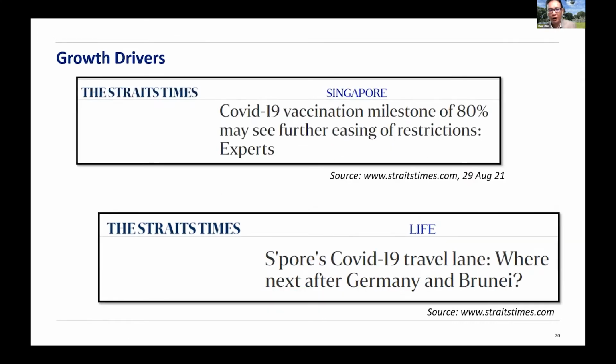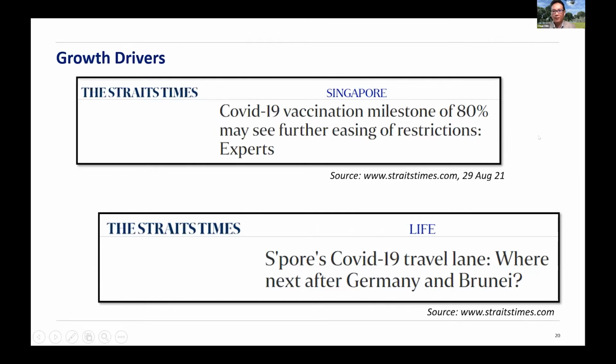Okay, in terms of the COVID control, 75% was, I think, a few weeks ago. By end of August, we already hit the milestone of 80%. Now, this is again very significant.